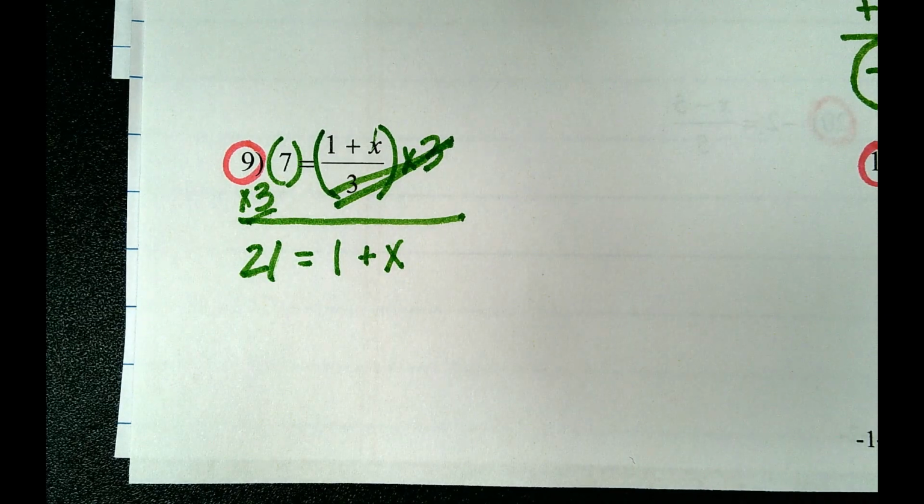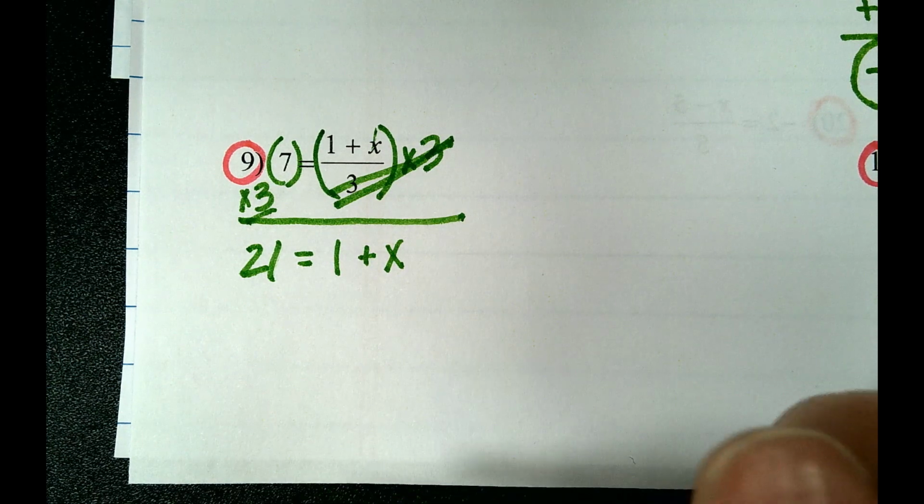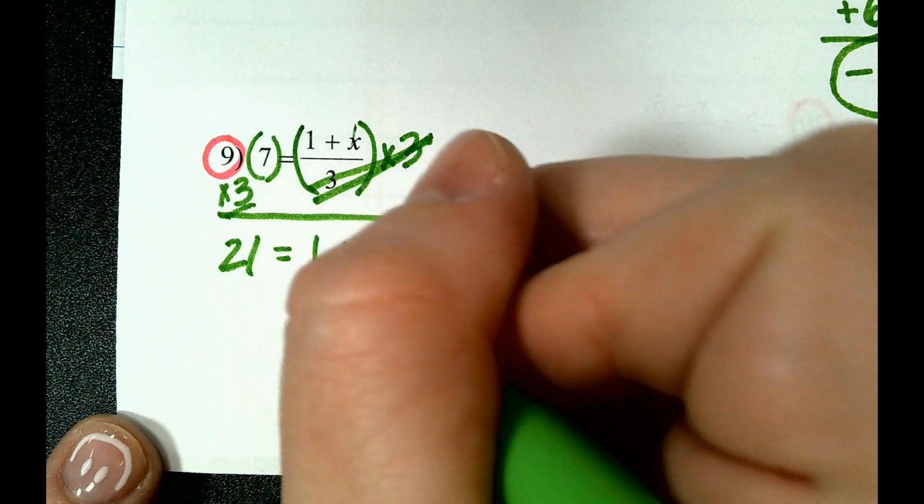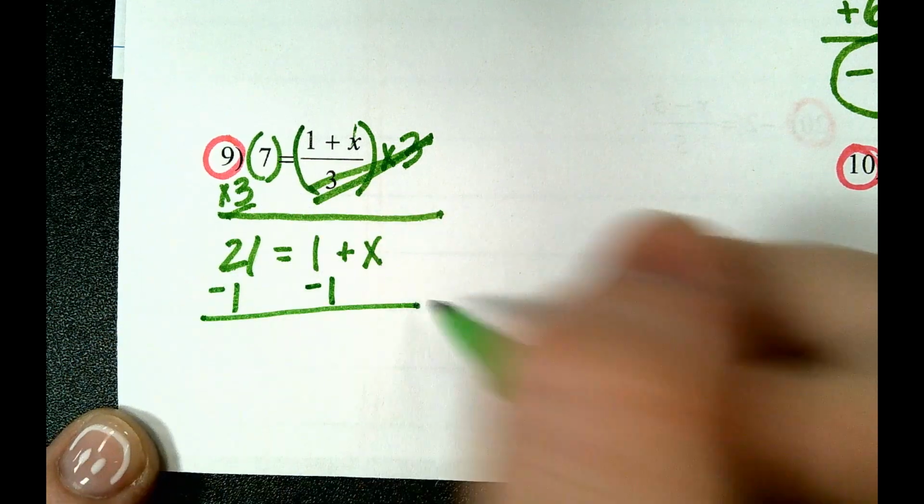So we have to get rid of the fraction first, then we can subtract 1. So now let's do the step that you gave us. We're going to subtract 1 from both sides.